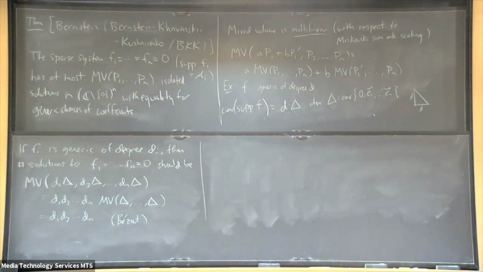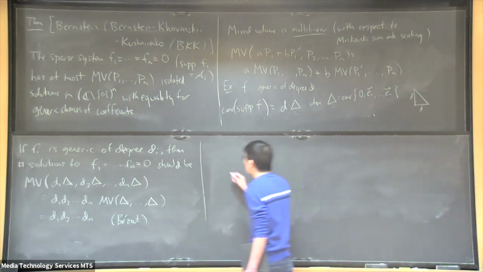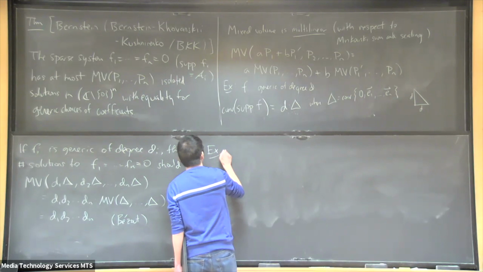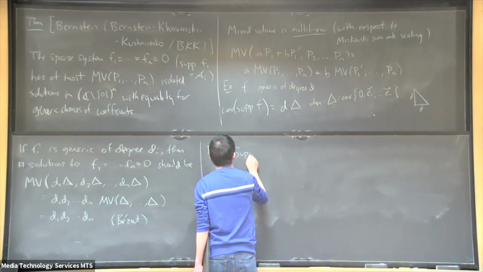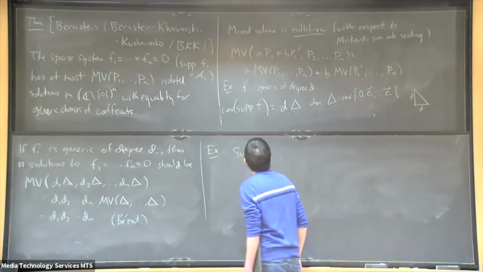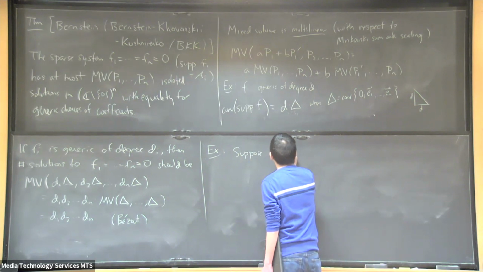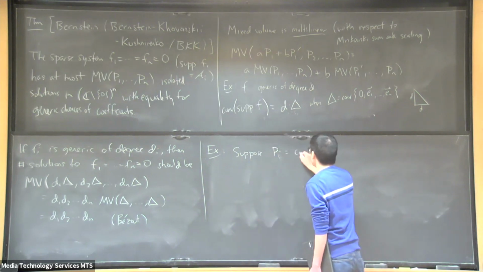And one more example that I want to do is the example where each of the polytopes is just a segment, a one-dimensional segment. So suppose Pi is just a segment, the convex hull of 2 points.